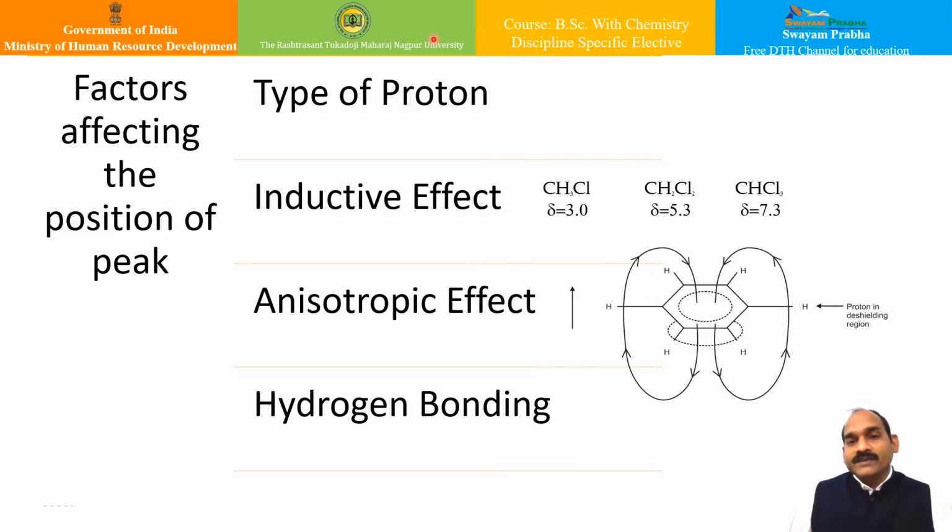Hence this effect is called the anisotropic effect. If protons come in the shielding region of the field, they absorb at higher frequency, and if they come in the de-shielding region, they absorb at lower frequency. We can take the example of benzene, where the protons are de-shielded due to the anisotropic effect, isn't it? It can be represented like this. You can see over here.